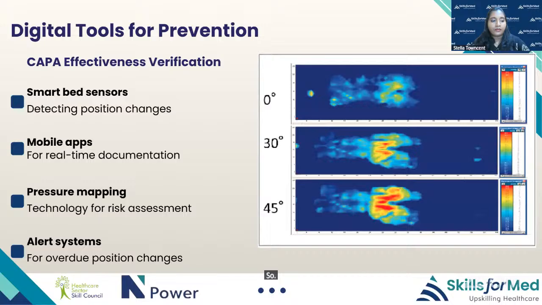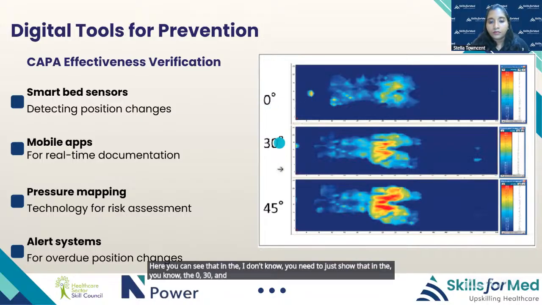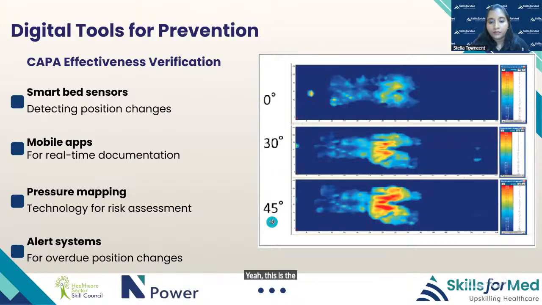So I talked about the smart bed sensors, and there are mobile apps which can be connected to this. The other thing is the pressure mapping, which I already talked to you about. Here you can see the bed positions at 0, 30, and 45 degrees.